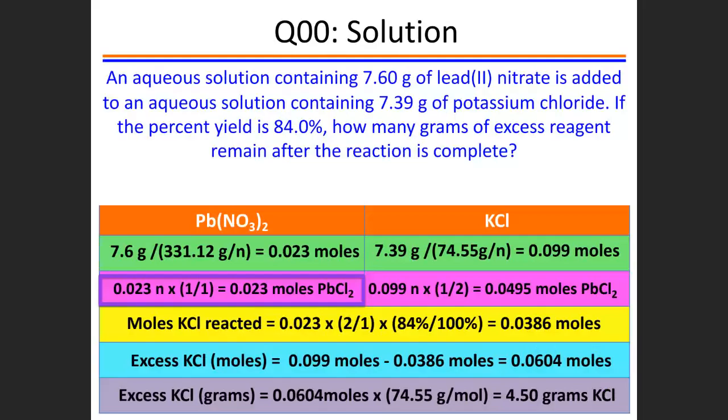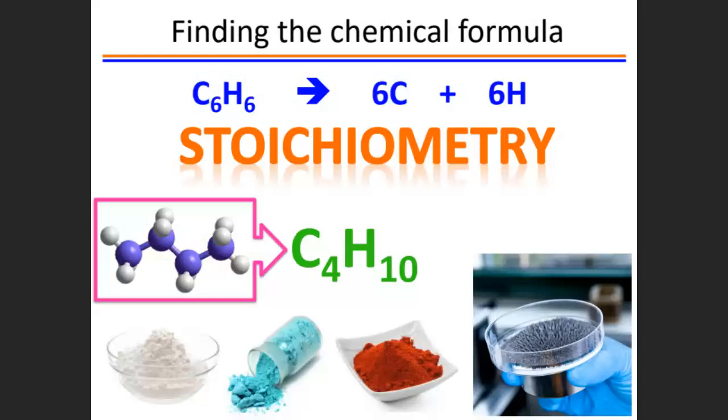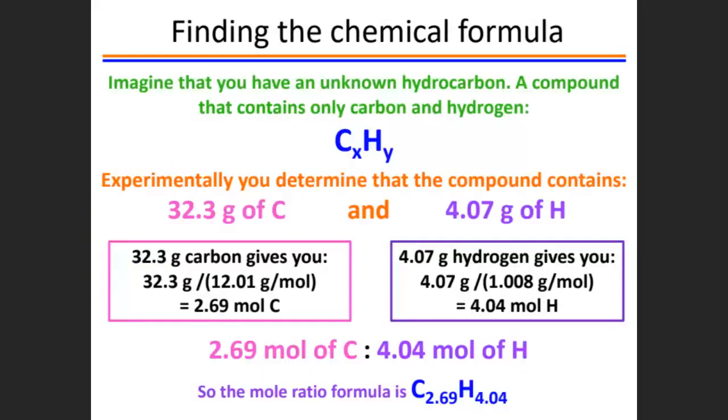Stoichiometry. Imagine that you have an unknown hydrocarbon, a compound that contains only carbon and hydrogen. Experimentally, you determine that the compound contains this amount of carbon and this amount of hydrogen.